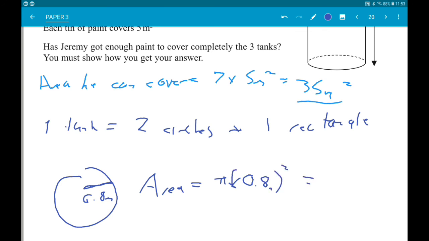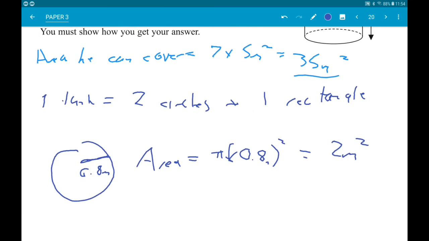Now that gives us 2.01 blah blah blah, so we would be fine saying that that's just 2 meters squared. Now there are 2 circles on each tank, so 2 circles is then going to be 4 meters squared.